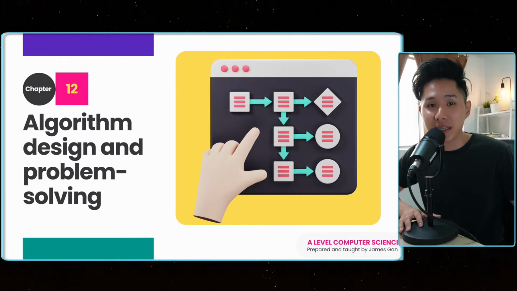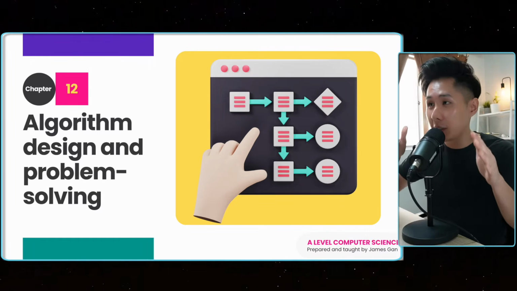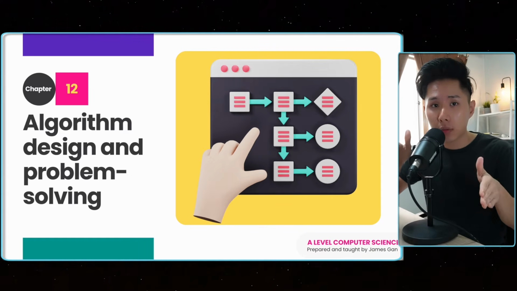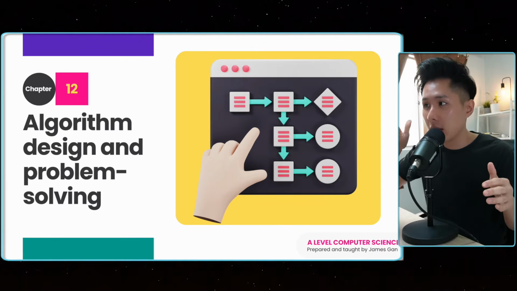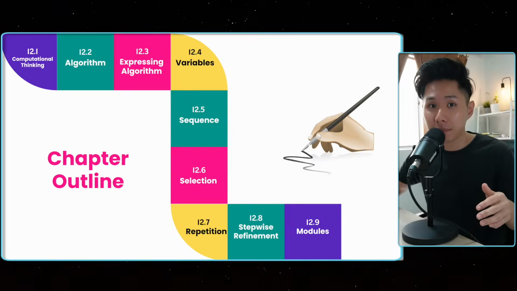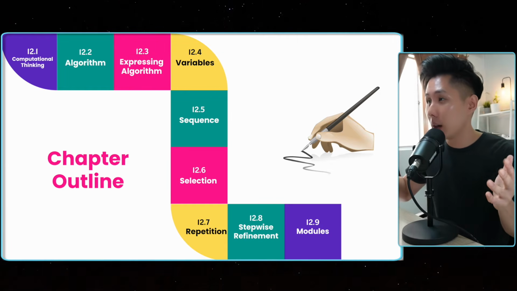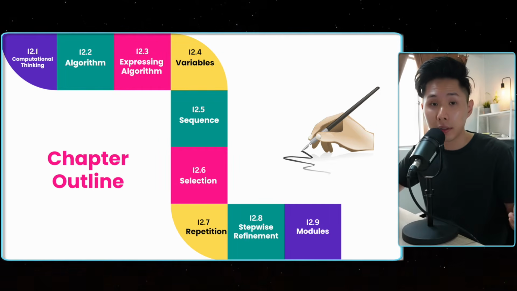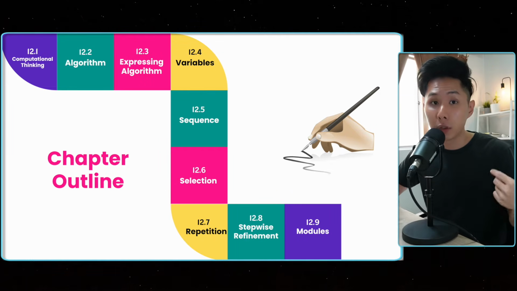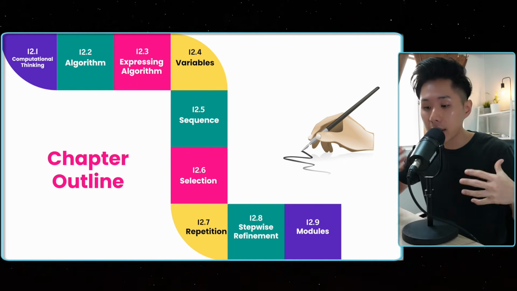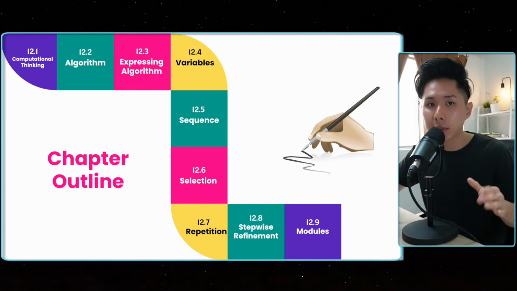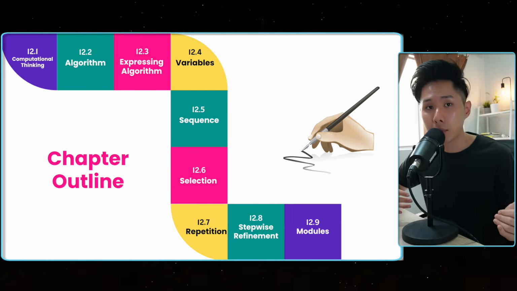I'm a computer science graduate turned teacher, and in this video we're going to look into chapter 12 of A-level computer science, algorithm design and problem solving. So just want to give you a big picture of the chapter. First of all, we'll define what computational thinking is and how we can use algorithms to solve problems, especially programming problems.